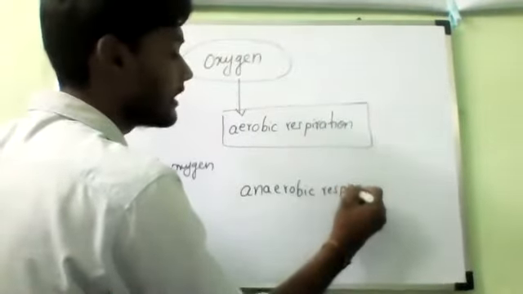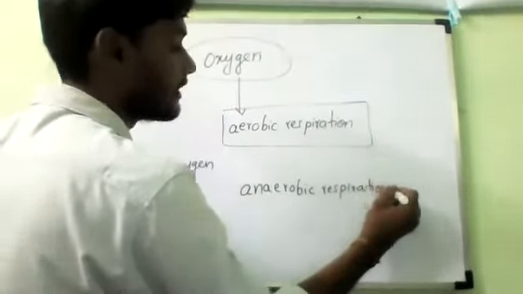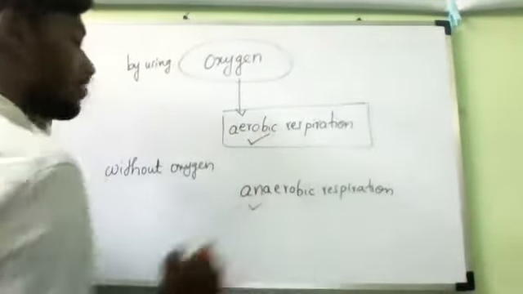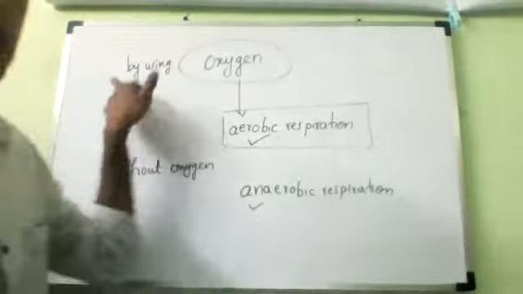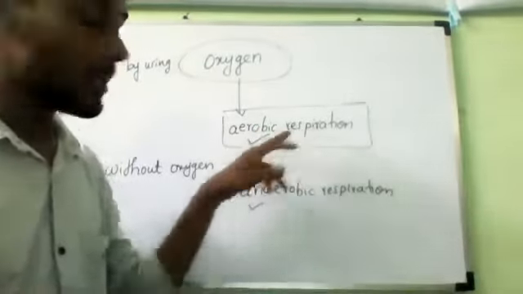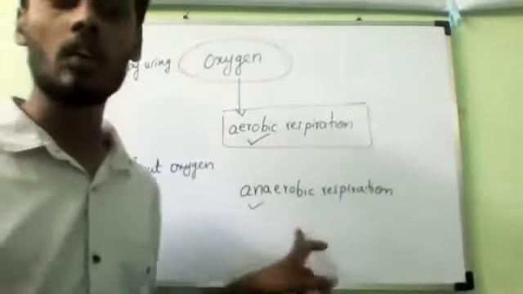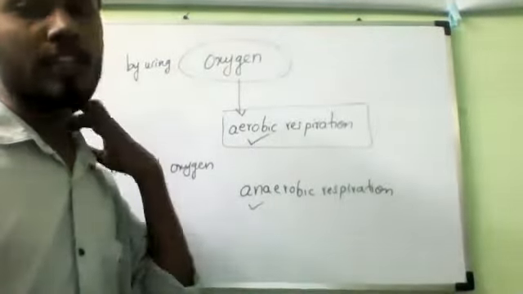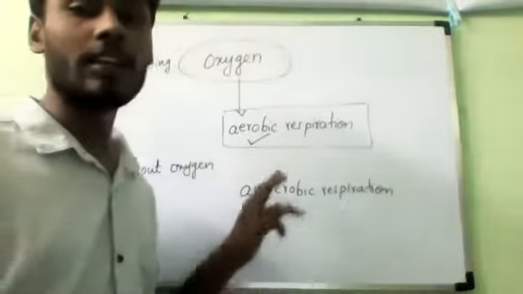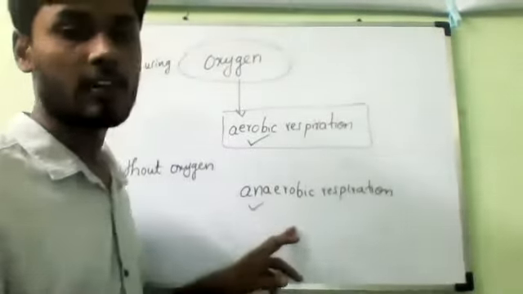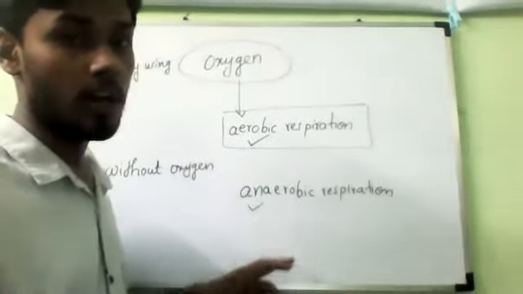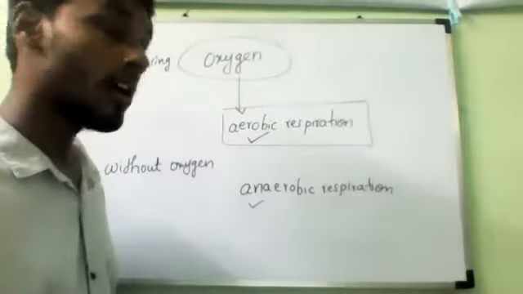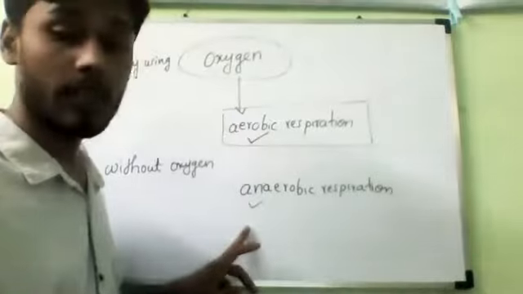So remember, aerobic respiration is carried out by using oxygen, anaerobic respiration is without using oxygen. Before we discuss what aerobic and anaerobic respiration are, we should know a few points which will help us understand both.